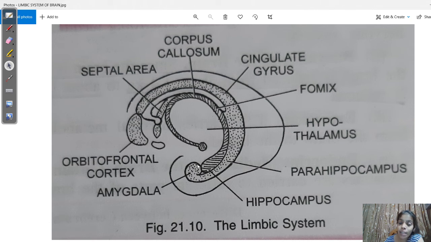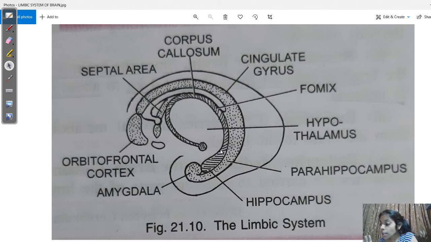Why such names? Amygdala, this word actually means almond, so it looks like an almond, that's why amygdala. Hippocampus means seahorse, so it looks like a seahorse. That is why the name hippocampus.